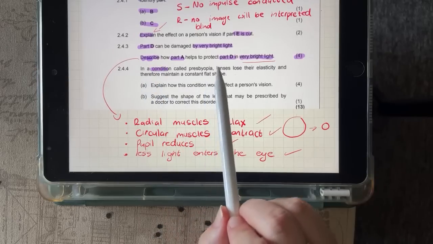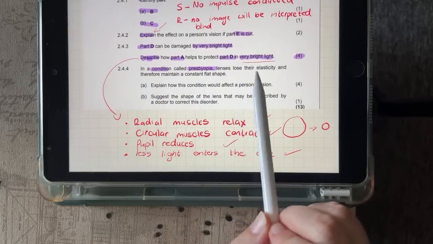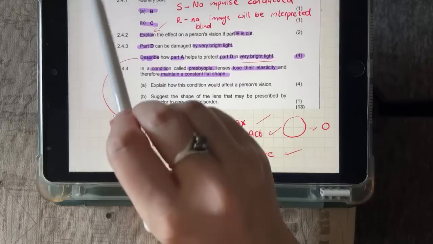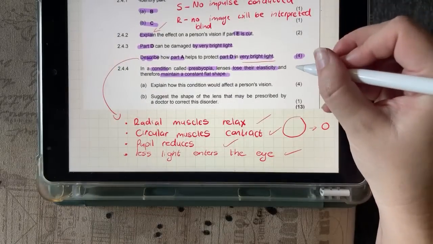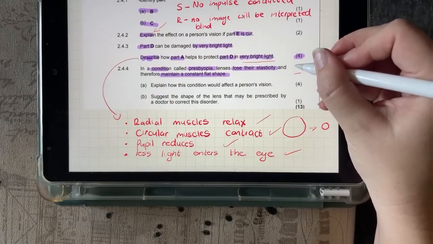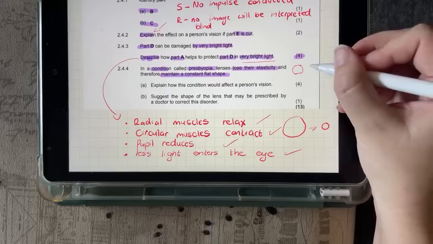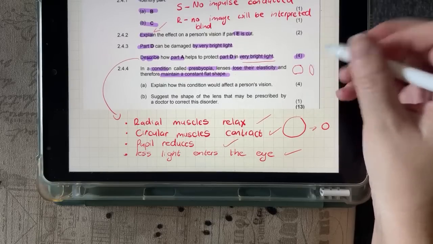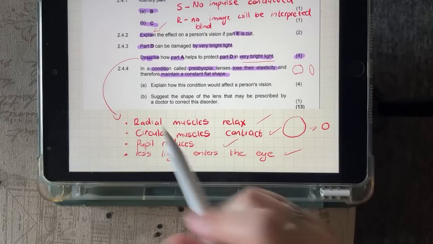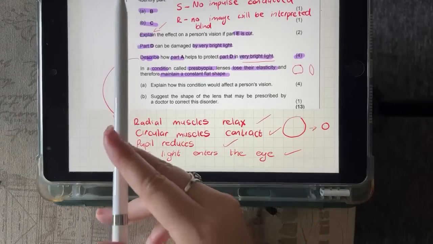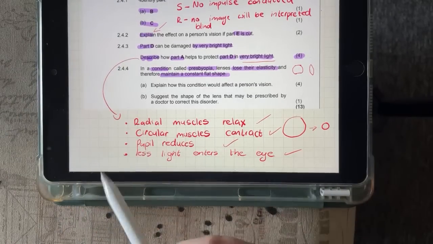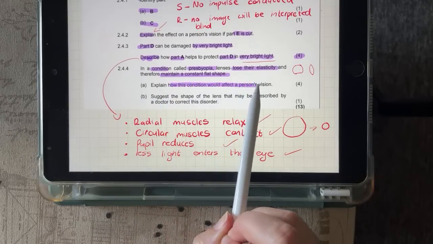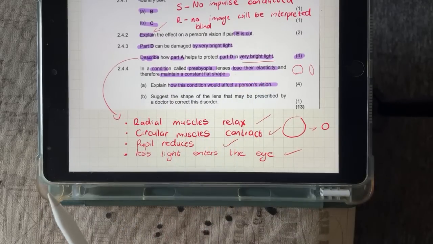So in a condition called presbyopia, lenses lose their elasticity and therefore maintain a constant flat shape, which if you're struggling to envision that, instead of having a nice bulgy lens like that, it basically means the lens stays very narrow like this. It loses its ability to stretch, which remember, for it to be a good lens, it must be elastic. So for A, explain how this condition would affect a person's vision.